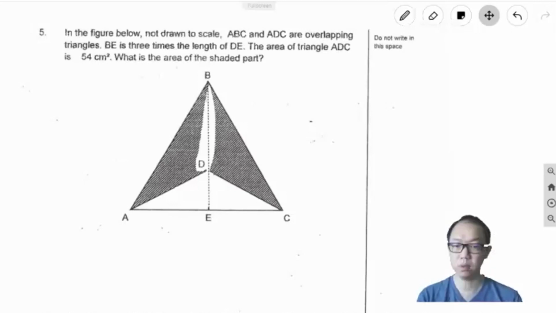2304. Nope, sorry. 2592. No, sorry. IDK, 108.